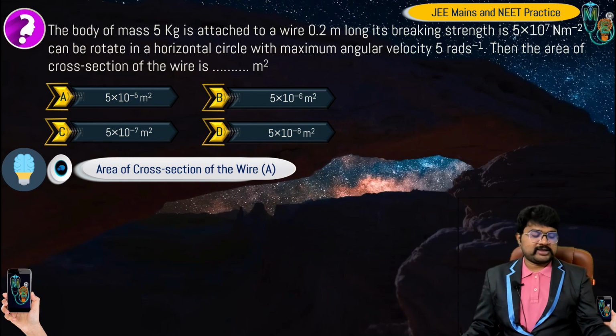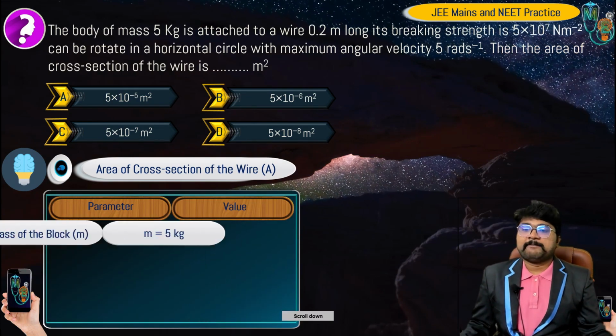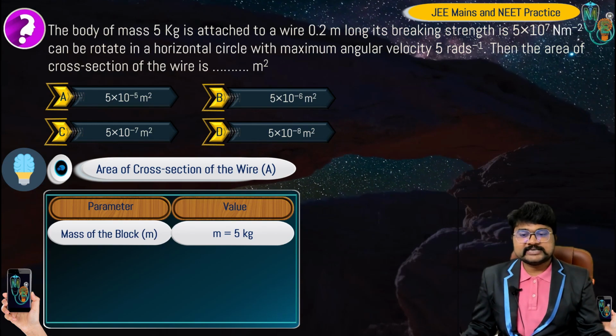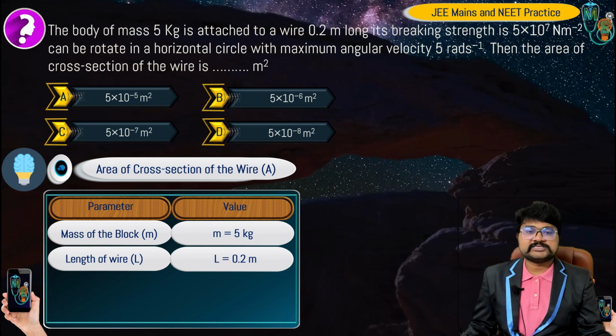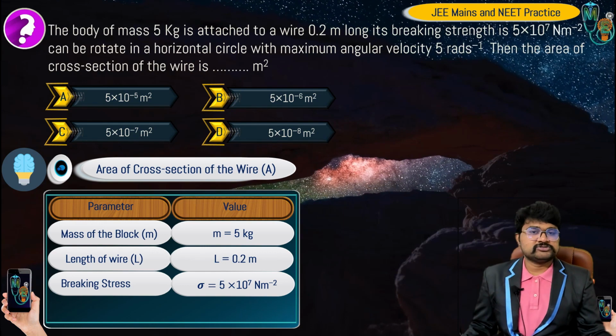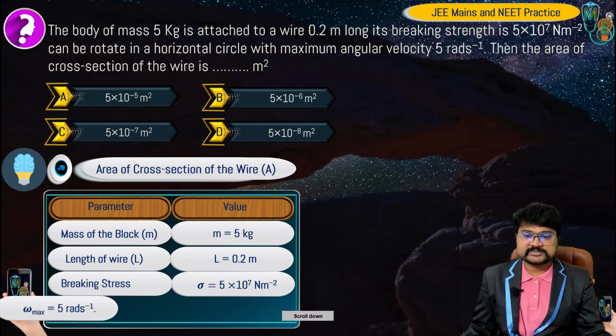Try to write down the given data. See here, what is given? Mass of the body is given as 5 kg and length of the wire is given as 0.2 meter. Breaking stress induced in the wire is 5 into 10 power 7 Newton per meter square.